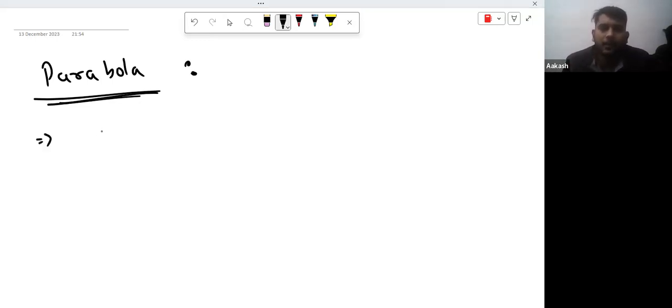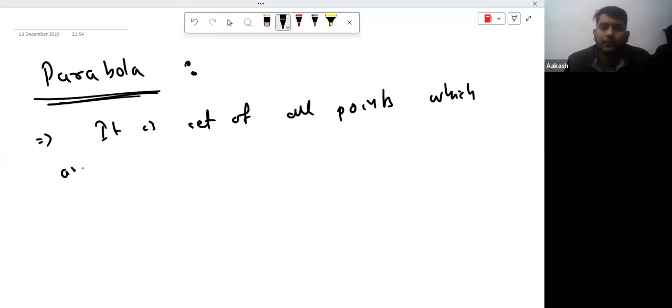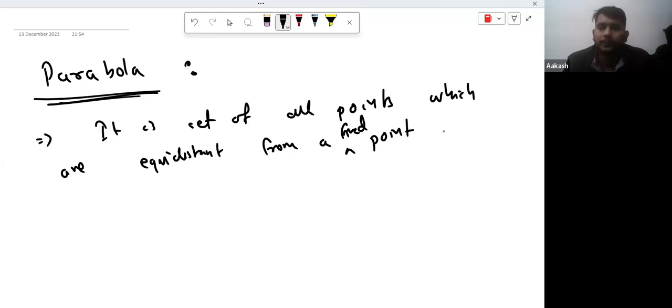They say it is the set of all points which are equidistant from a fixed point and a fixed line.